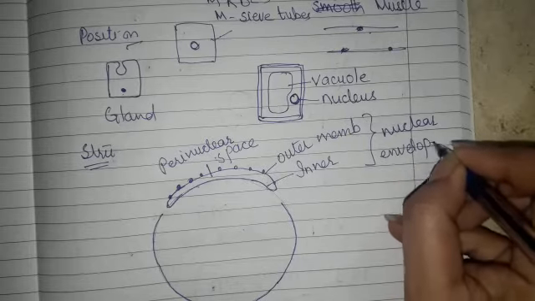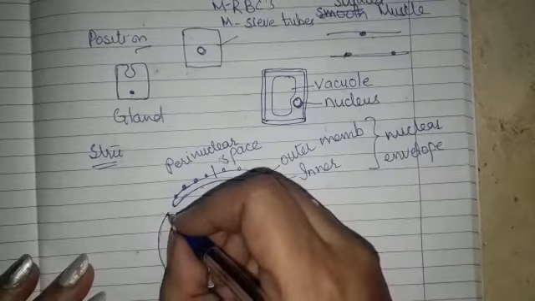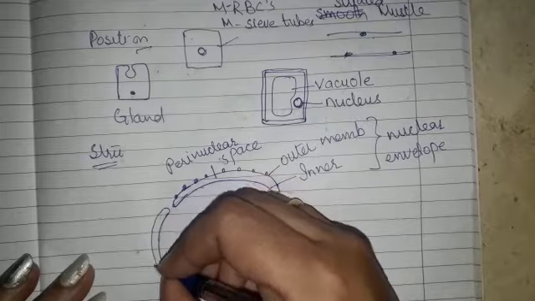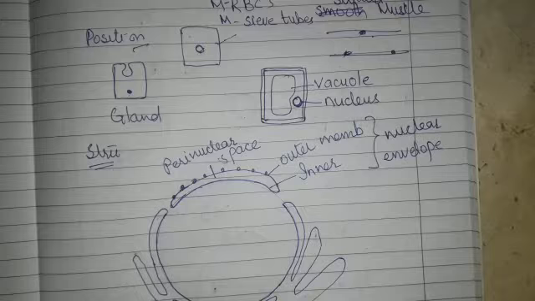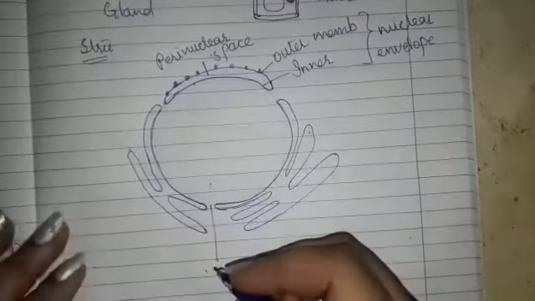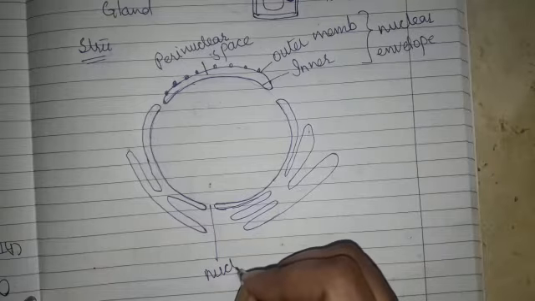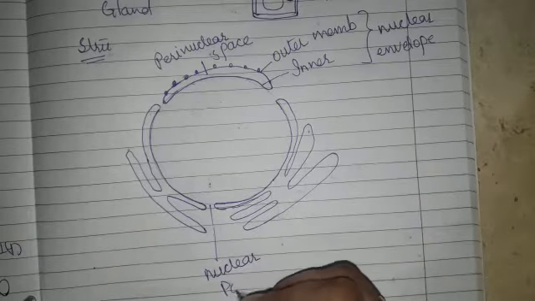And this nuclear envelope is not continuous. It has some gaps in between, and these gaps are called nuclear pores.